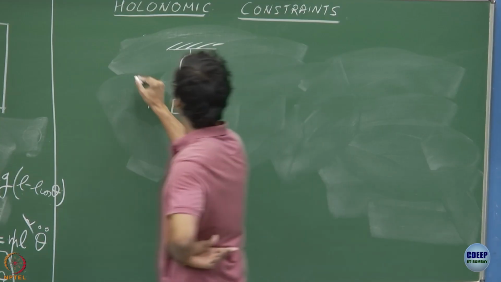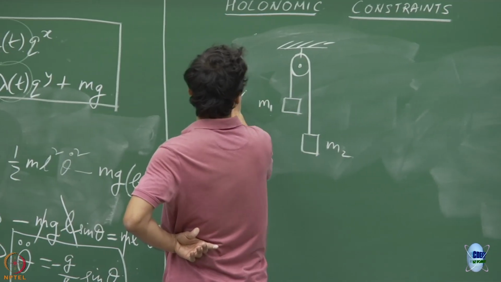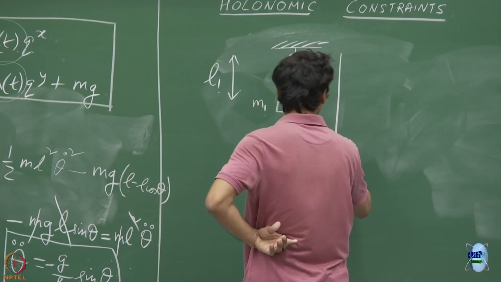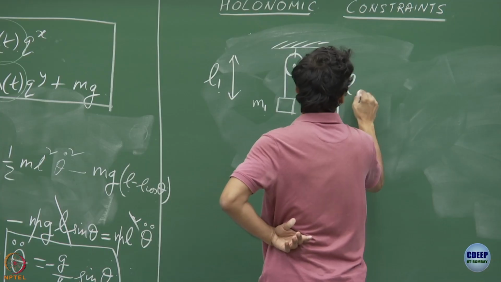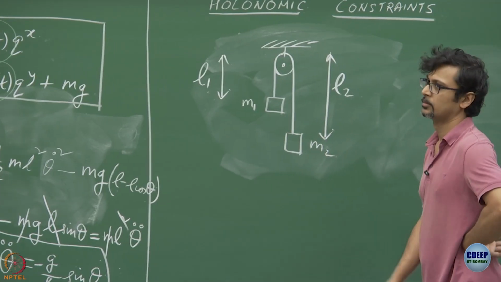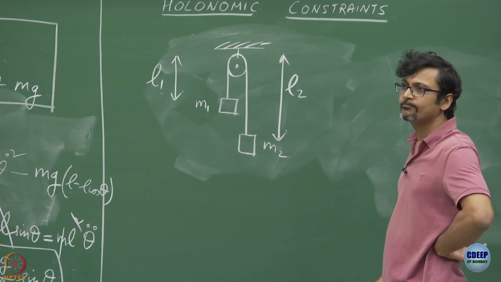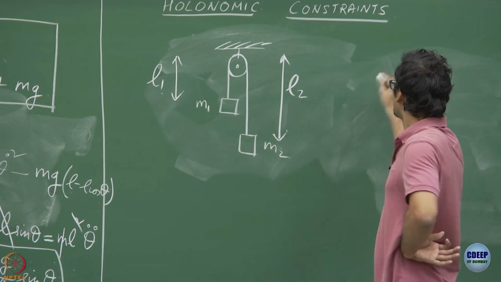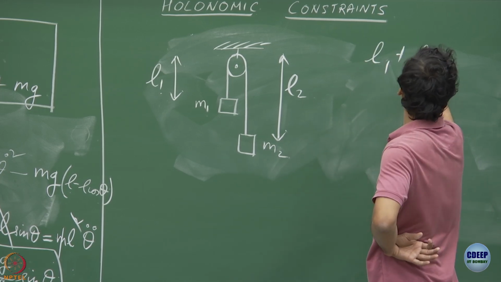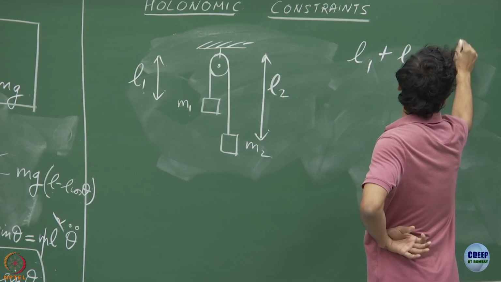So suppose this is L1 and this is L2. So what is the constraint here? It's an inextensible string. So the constraint is once again holonomic, you see. This is a constant.